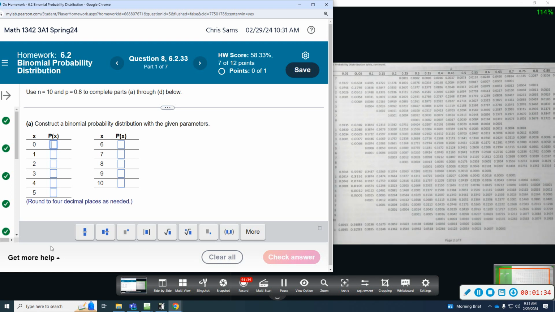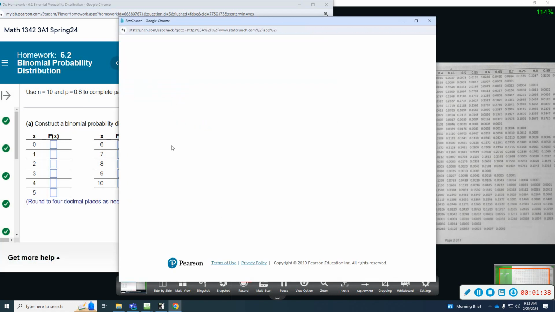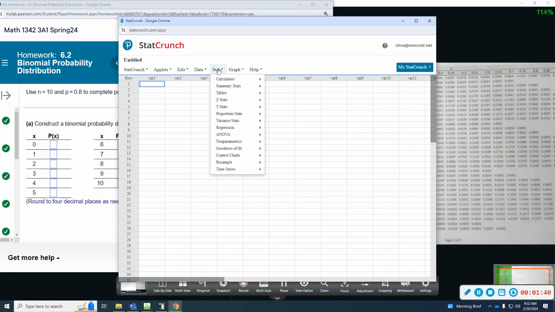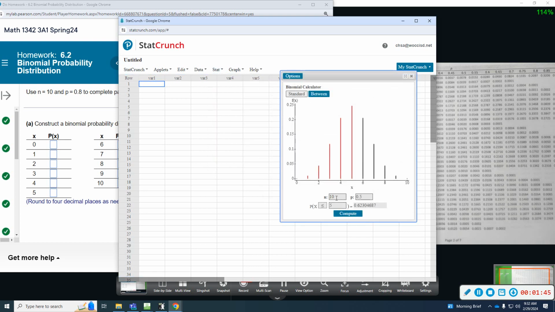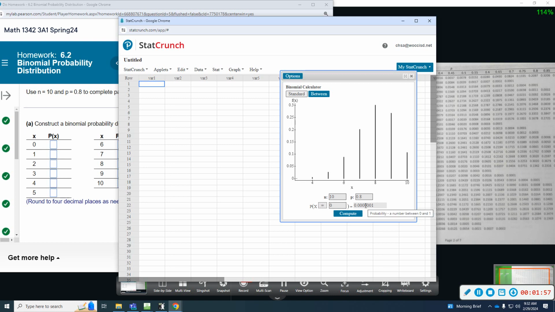Okay, so let me show. In StatCrunch, if we do Stat, Calculators, Binomial, we're going to do 10, 80%, equal to, exact probabilities, and we want to do 0. You see 0, 1, 2, 3, 4, 5 zeros.